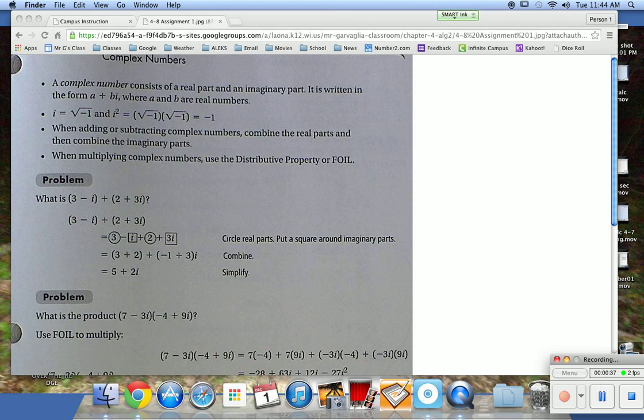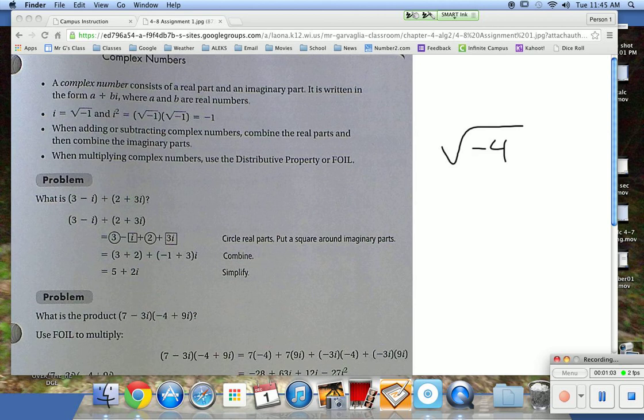It's not there. Imaginary numbers come into play when we try to take a square root of a negative number. Okay? Can you square anything and come up with a negative number? No, so you really can't take a square root of a negative number.